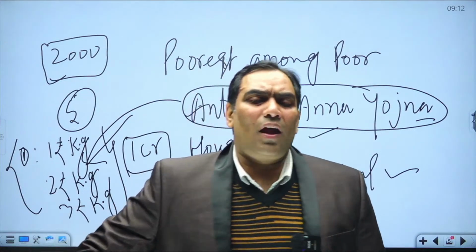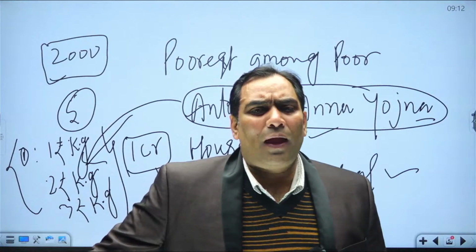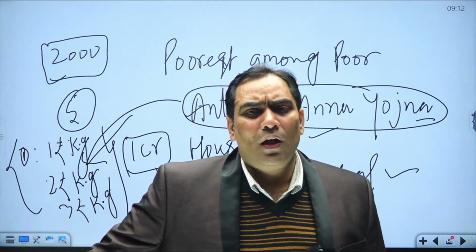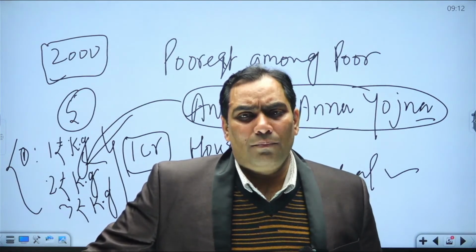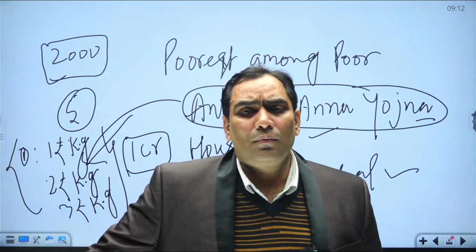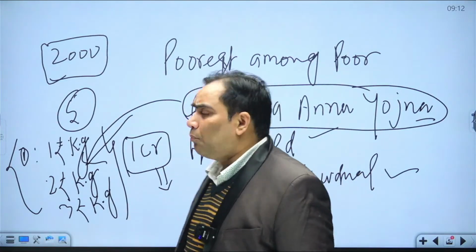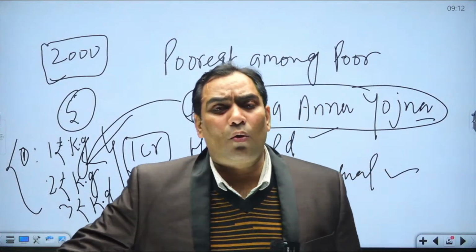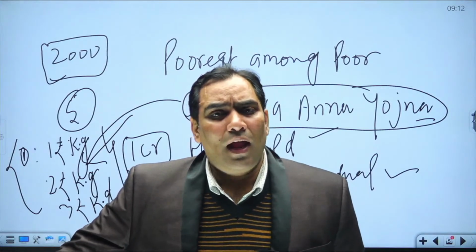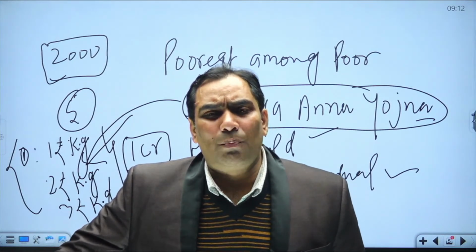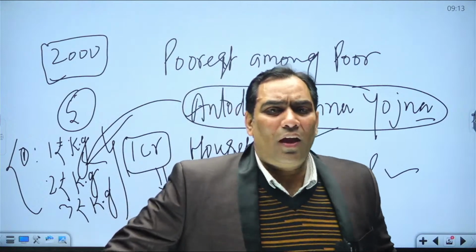Under it, we identified 1 crore households, which on average with 5 members per household means we identified 5 crore people who were beneficiaries to get food grains at a heavily subsidized rate. They have to pay 1 rupee per kg for coarse cereals, 2 rupees per kg for wheat, and 3 rupees for rice. That was the system under the Antyodaya Anna Yojana.